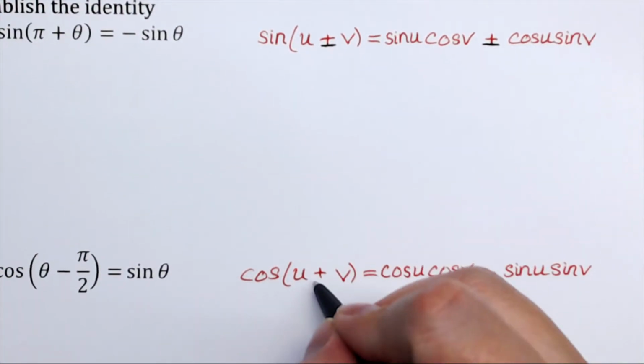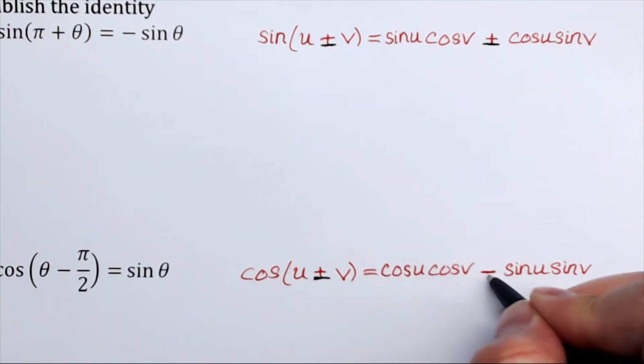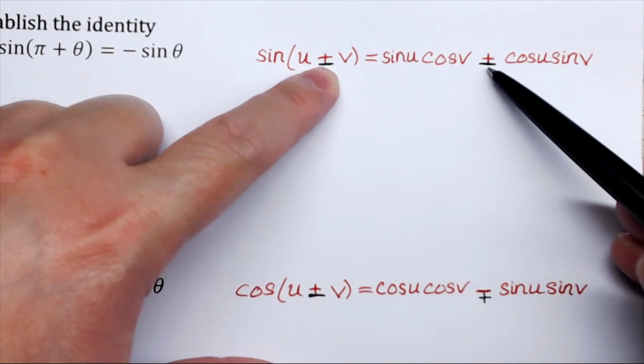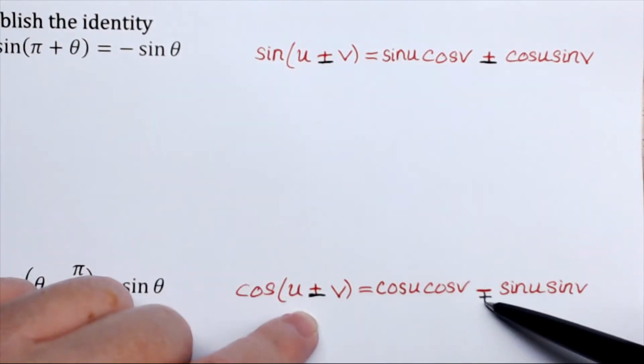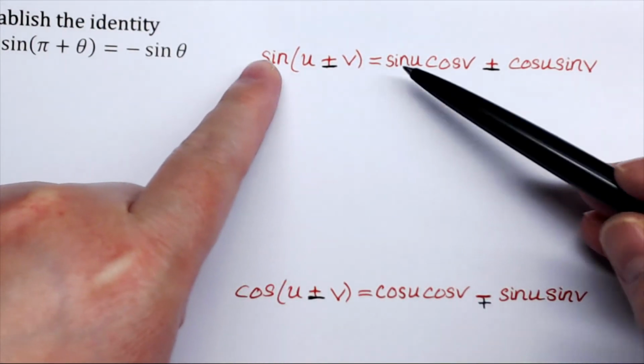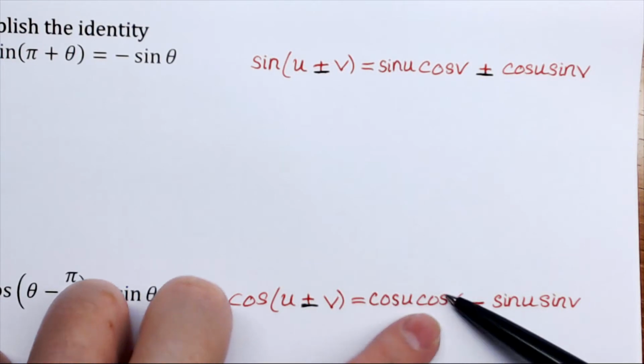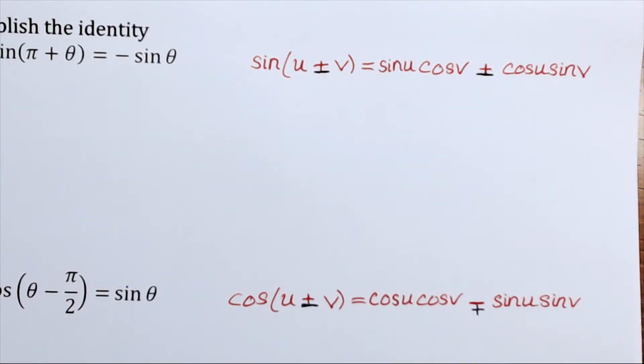And this will be just sine square. Now we know cosine square plus sine square is equal to 1. So we will have sine theta and 1 minus cosine theta at the bottom.